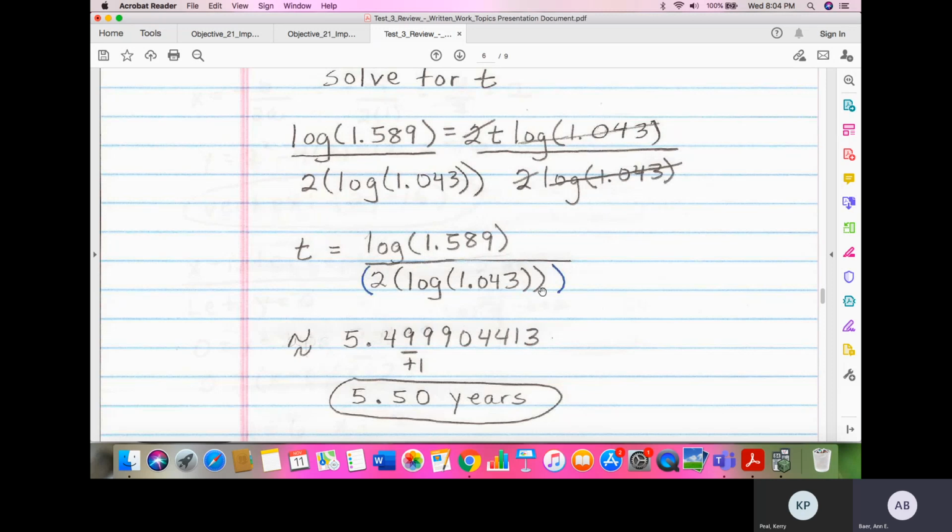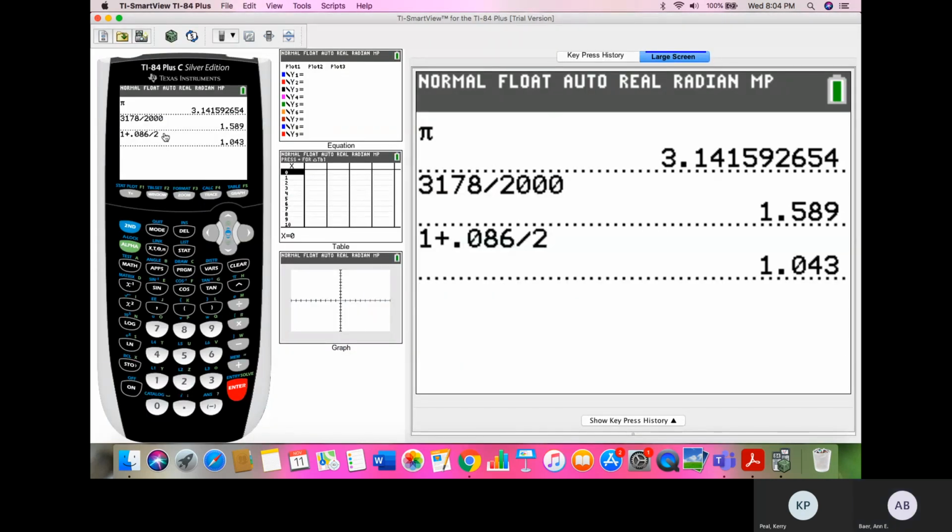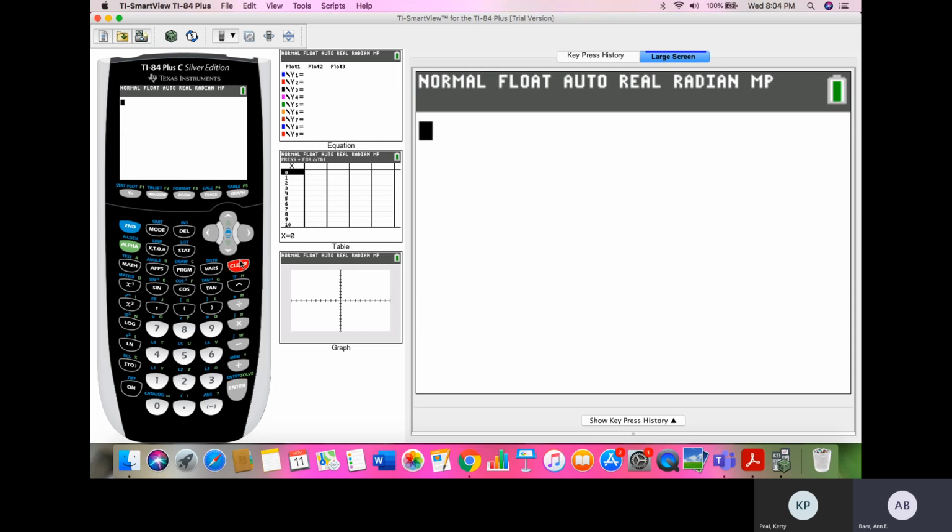Let's go ahead and enter that. I'm going to go over here and clear off the screen again. This time we have log. LOG is right here in the first column, and that opens up a parenthesis for me. So then we put in 1.589.